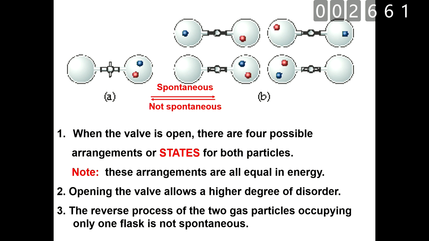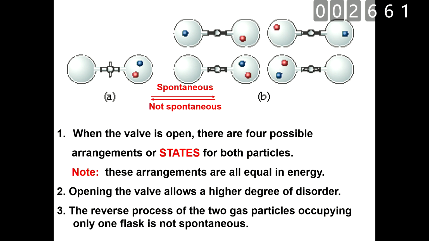When we open the valve, it has a higher degree of disorder. Good. Yes. It is high disorder. So this means it is spontaneous. Because spontaneity is decided by two factors. One is energy, another is disorder. If the process releases energy, it's spontaneous.